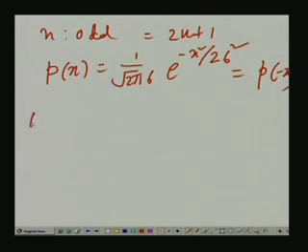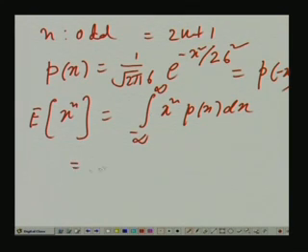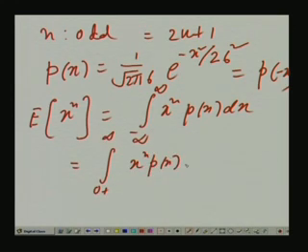So, what happens then when n is odd? We have got the integral of x to the power n p(x) dx. What I am going to do now is valid not only for the Gaussian case, but for any probability density which is symmetric around its mean, for which this relation is valid. You can break this integral as 0 to plus infinity x to the power n p(x) dx plus minus infinity to 0.